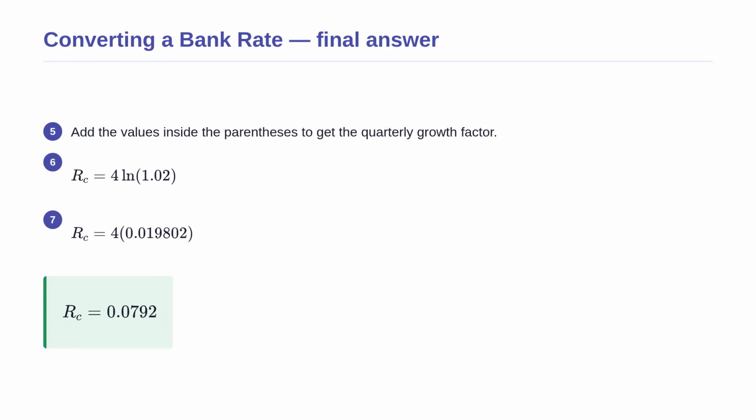To find the annualized rate, we multiply this result by 4. Multiplying by 4 gives a final continuously compounded rate of 0.0792 or 7.92%. This means a continuous rate of 7.92% generates the exact same money as a quarterly rate of 8%. The engineer can now safely plug this into their model.